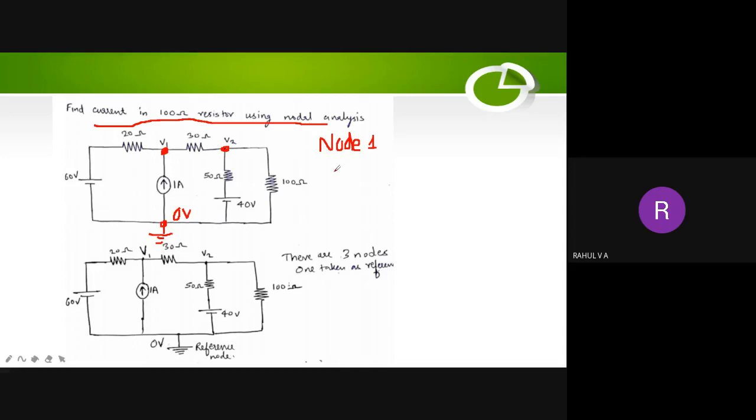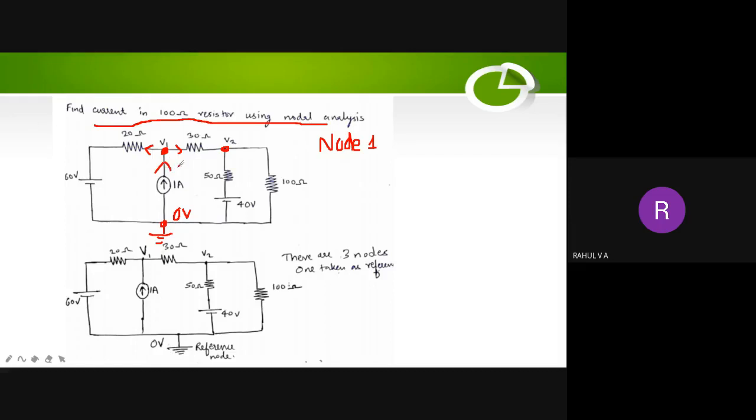So how to analyze node 1? Sum of current entering the junction is equal to sum of current leaving the junction. Okay, so if you see this particular node, we are assuming that the currents are always going away from the node. But in this case, we have a current source where the direction is showing towards the node.